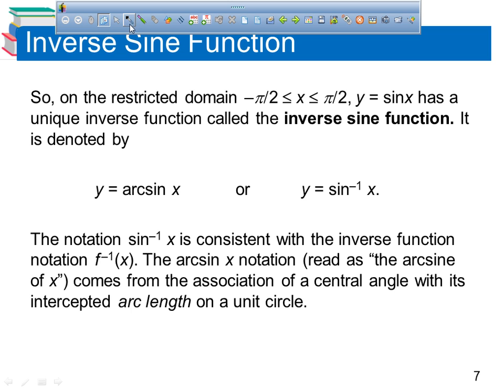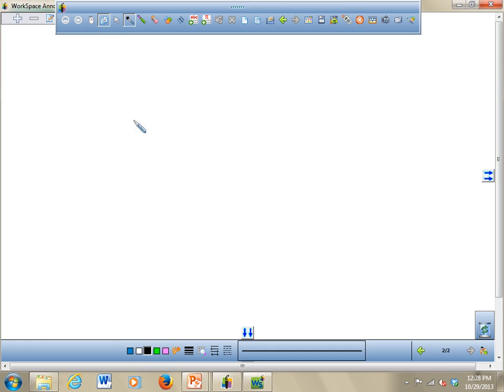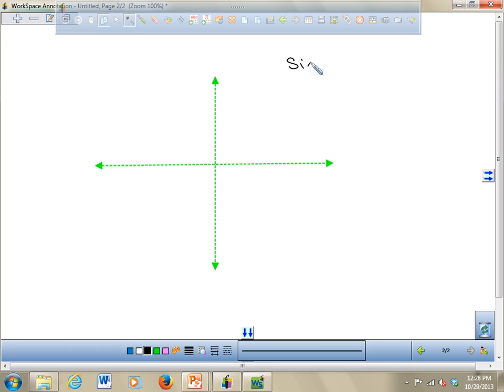So what this means, okay, is when you're on the unit circle, and they want this thing called inverse sine of x, another name for it is arc sine. Okay? So in this book, they tend to use arc sine of x more than inverse sine. It means what angle has a sine of this number.